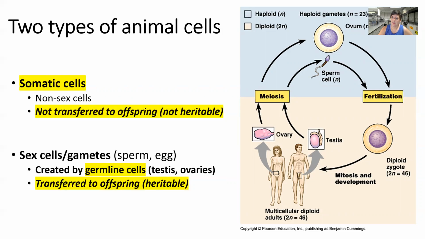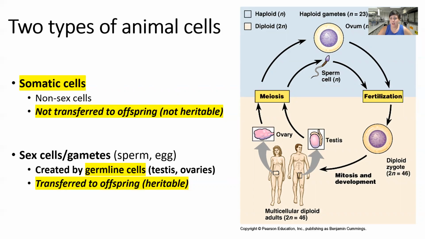Your sex cells, the gametes, are created by your germline cells. These are stem cells in your body that produce sperm or egg. In males, these would be the testes, which create sperm. In females, this would be the ovaries, which create eggs.